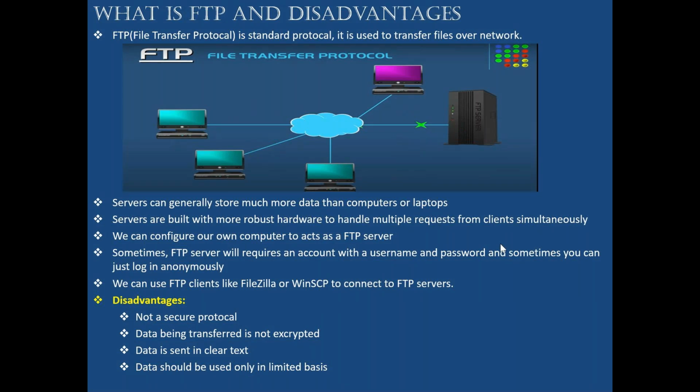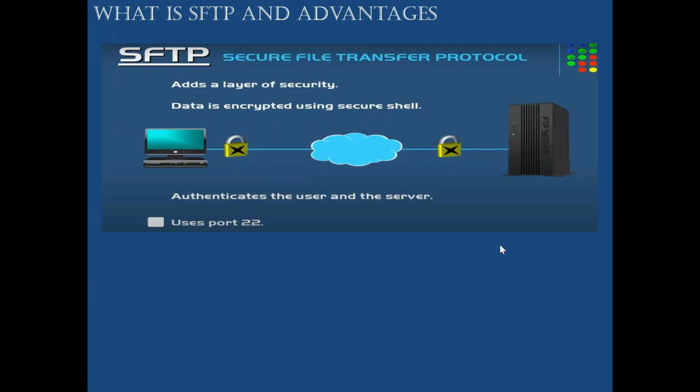So that's where we need to move on to SFTP, which is called the secure file transfer protocol. If you see here, when the client is downloading the file, there is encryption at the server side. When we are sending the file, meaning while we are transferring the files, the data will be encrypted.